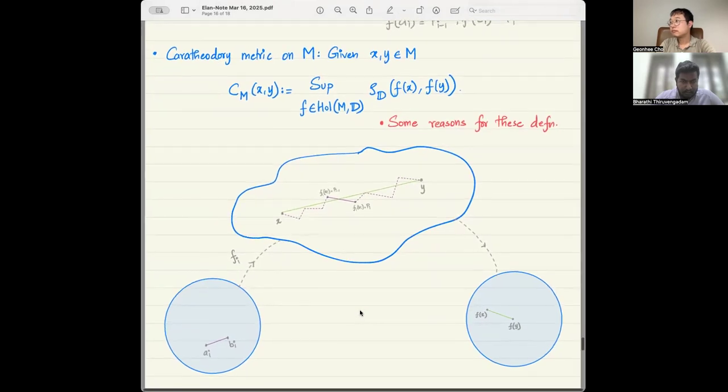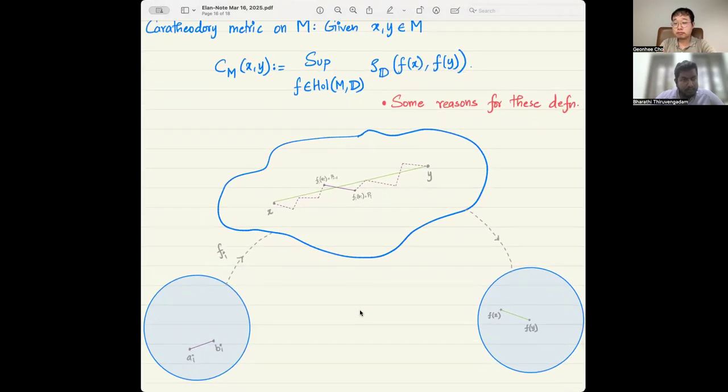Now you can collect the chain of line segments such that when you join all of them, x and y are connected, and you take the infimum over it. So you start with the Poincare metric on the disk, look at all the holomorphic images into the manifold that form a chain starting from x until y, and find the infimum over it. That's the Kobayashi metric.